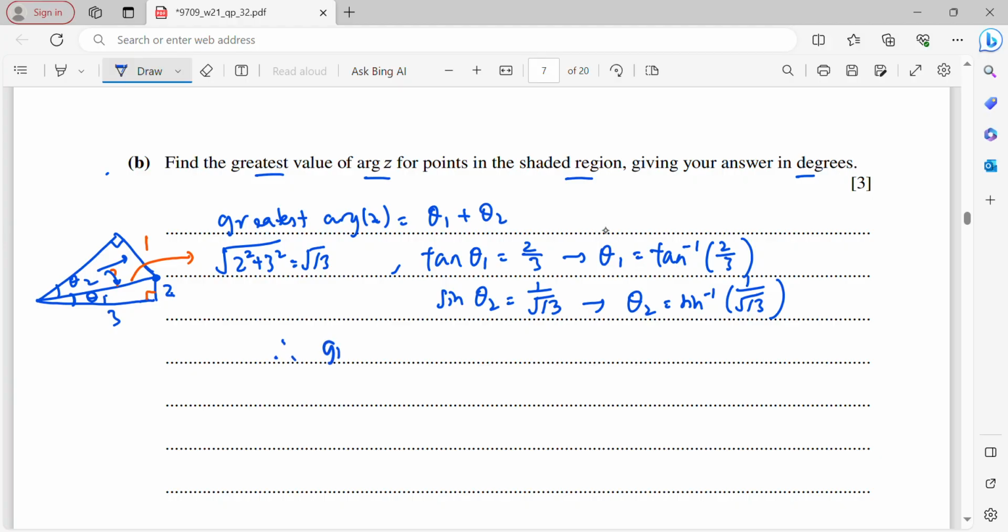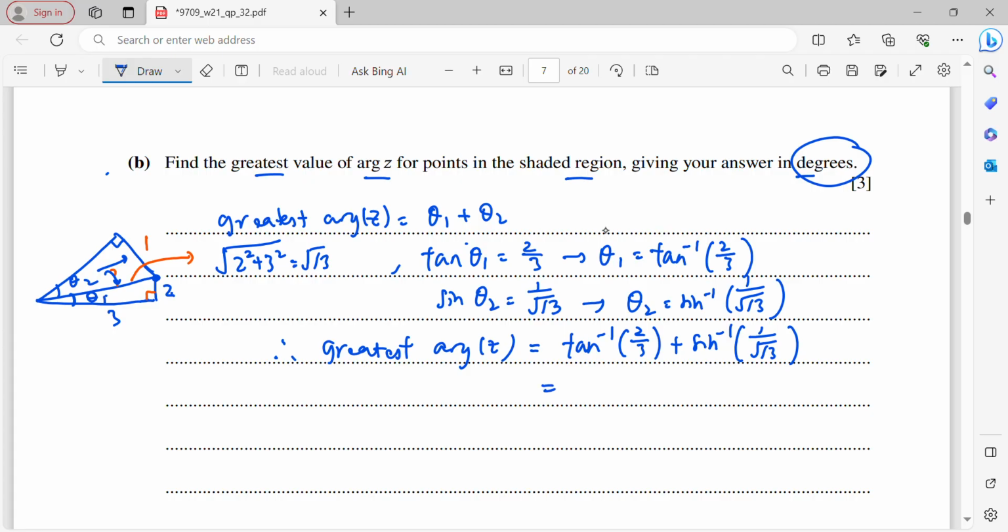Therefore, my greatest argument for the complex number is theta 1 plus theta 2. So I will get inverse tangent 2 over 3 plus inverse sine 1 over square root 13. And now you need to leave your answer in degrees. When you get the total of these two values, it will be 49.8 degrees.